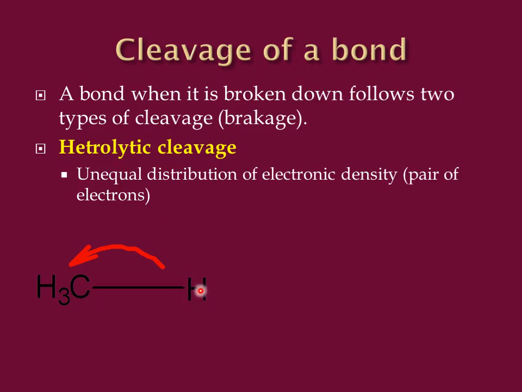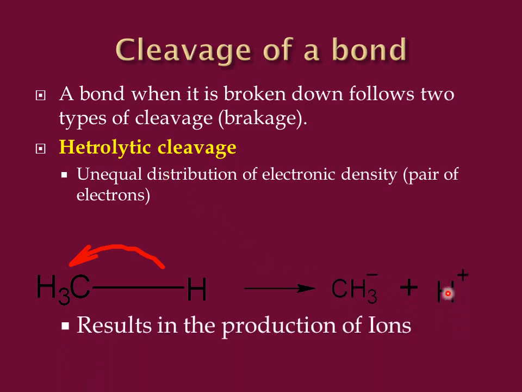As you can see, I have placed a complete headed arrow showing that a pair of electrons is transferred from tail towards the head. Such cleavage always results in the formation of ions, a cation and an anion. This negative charge shows that the complete pair of electrons is taken up by the CH3 group and the hydrogen is deprived of the electrons.